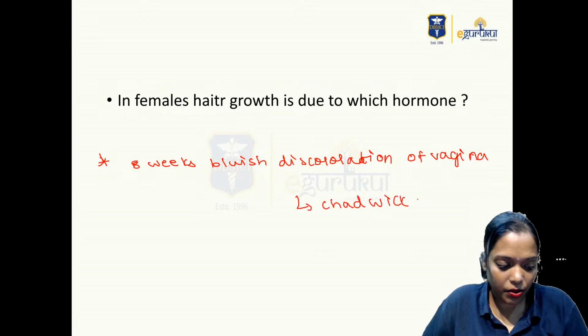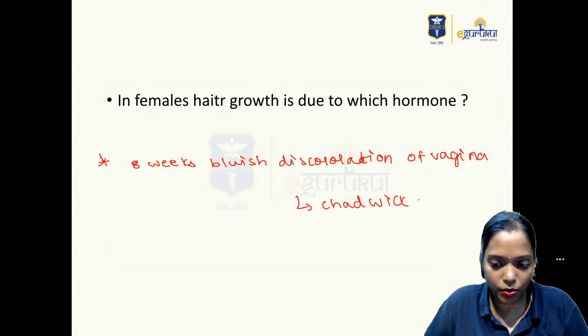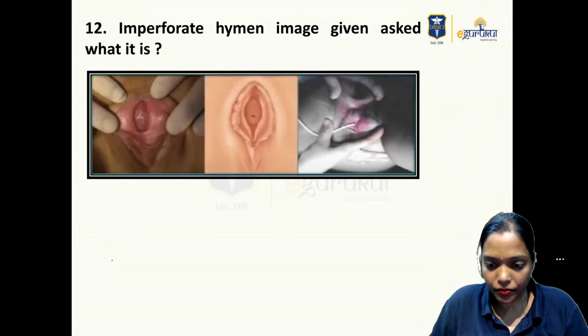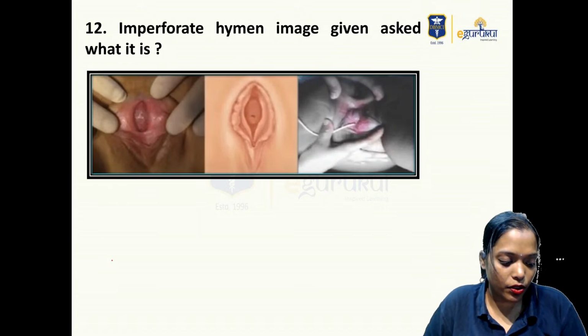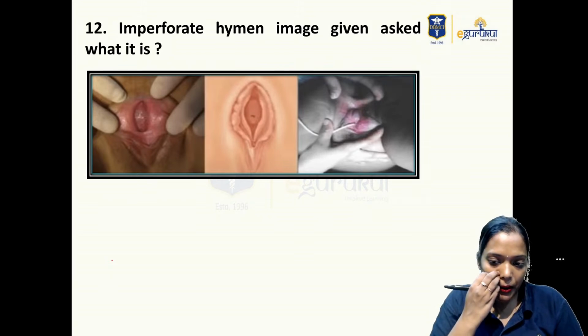So these were some of the questions which I got from the students, and one image of imperforate hymen was also given in the exam. So this is the imperforate hymen, right?